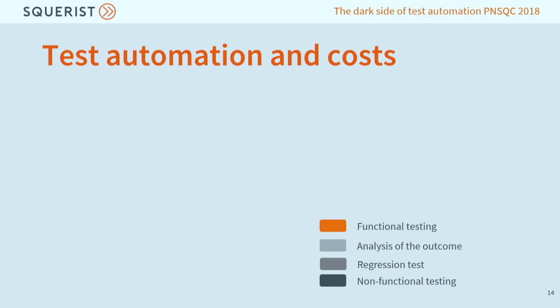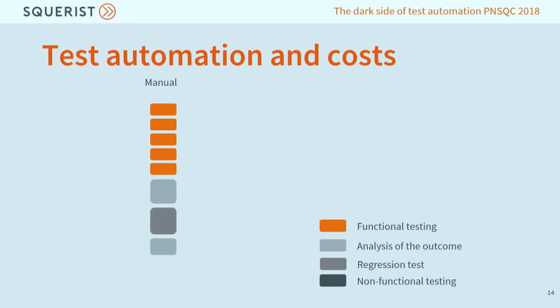But let's look at test automation and cost. Suppose you're going to do a manual test case. That takes a lot of time: get your test data ready, execute it, analyze it, etc. So analyzing the outcome is something we have to do as well. So that takes a lot of time. This is going to be a pillar.